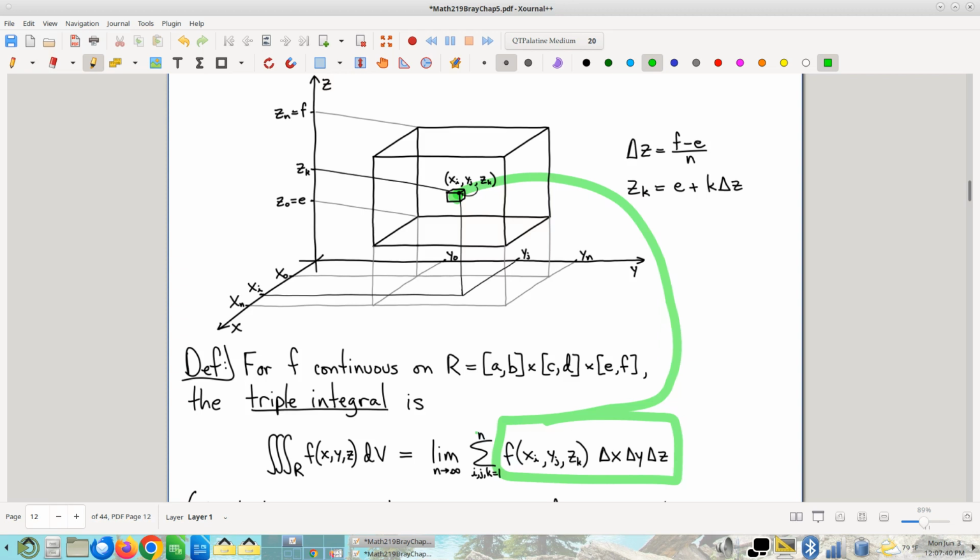And then I'm going to have to add up over the entire rectangular box, slicing in all three directions. So you'll notice I have to add up in three different directions, so I have three different indices. But still, you're just adding up a bunch of little pieces to argue that the whole is the sum of the parts. It's morally equivalent to the idea of a double integral. Is everybody okay?